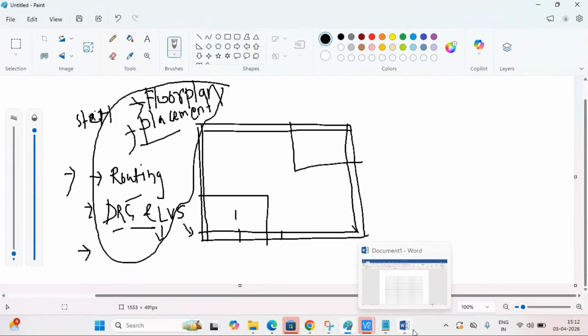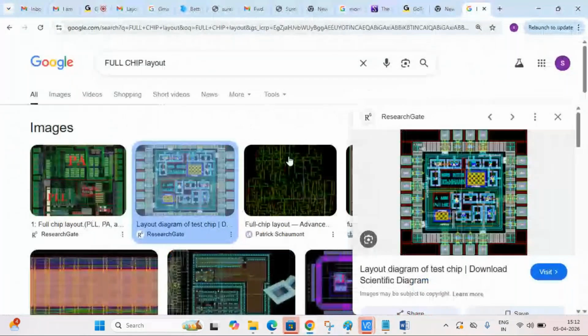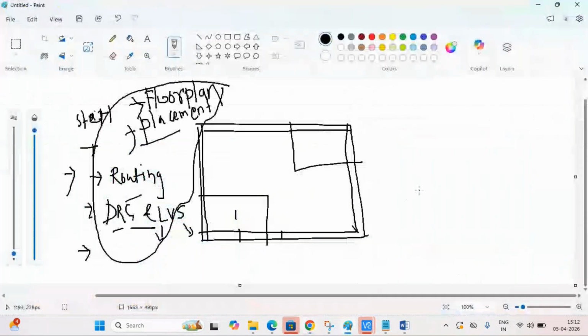We are using Cadence, sometimes Synopsys also, the tools by which it will be executed. And whatever layout diagram I showed, these are done by layout people. So when you are seeing a chip, mostly that is the contribution of layout and PD people. But our area will be more.